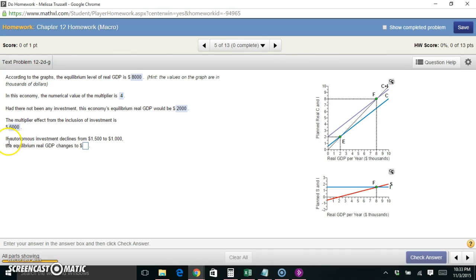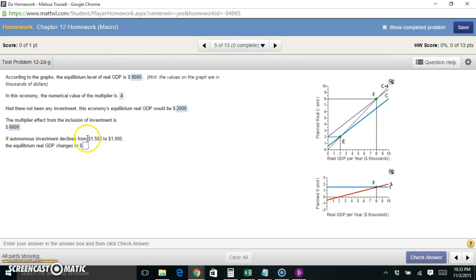Lastly, if autonomous investment declines from 1,500 to 1,000, what does the equilibrium real GDP change to? Now, this is where we get to use the multiplier that we found. Remember, the multiplier is the number by which a change in the investment or consumption is multiplied to get the change in real GDP.